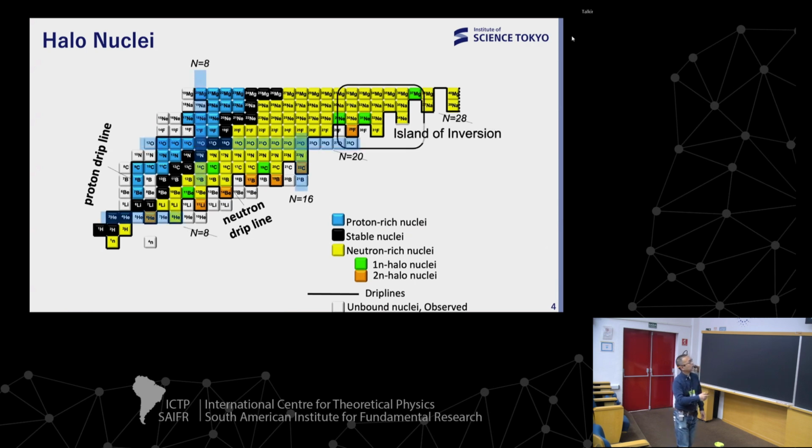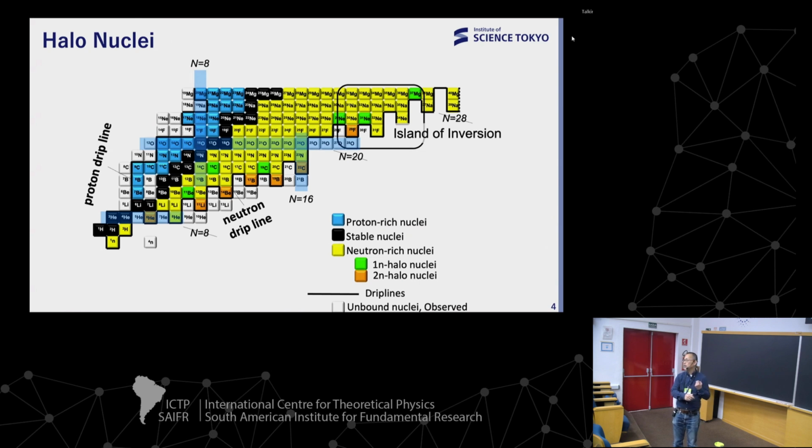And related to the nuclear shells, the normal magic numbers like N equals 8 is here, N equals 20 is here, but actually the N equals 20 magicity is lost. It's called the island of inversion region.